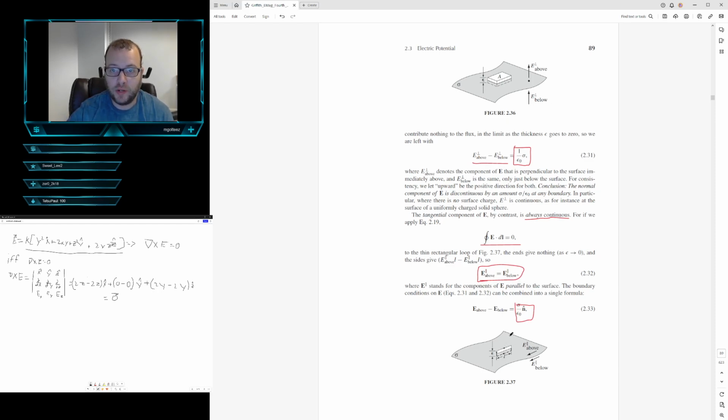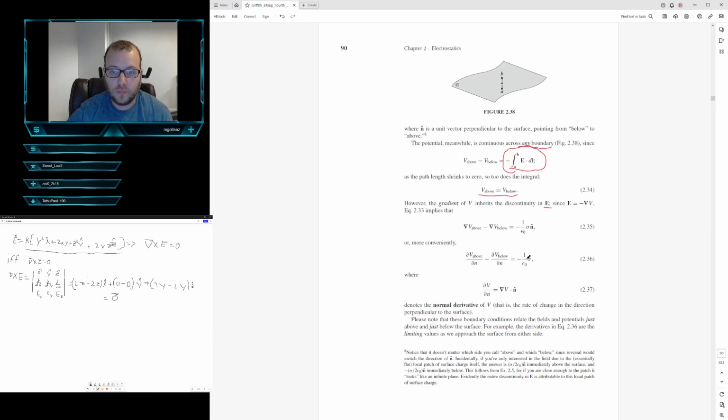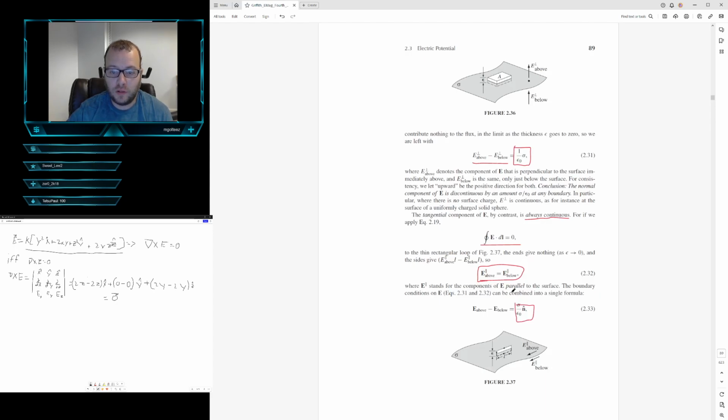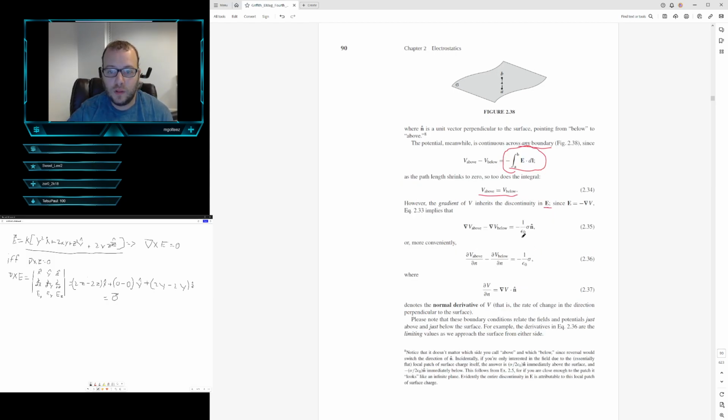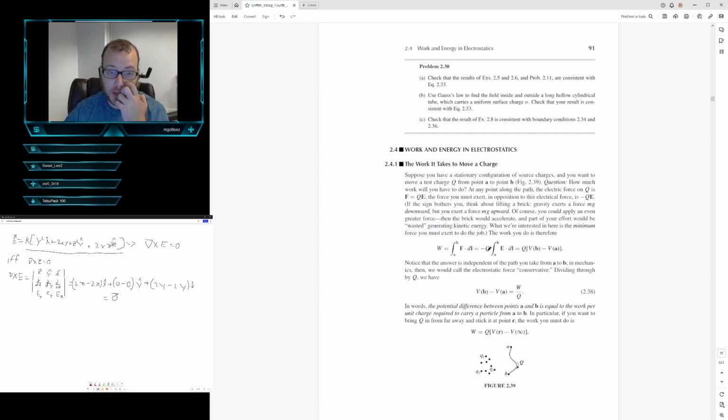So the tangential components to the surface are equal. So we have the normal component times the discontinuity factor sigma over epsilon naught. So we have that discontinuity factor and we have the potential difference. It's equal to that. And these are the boundary conditions just above and just below.